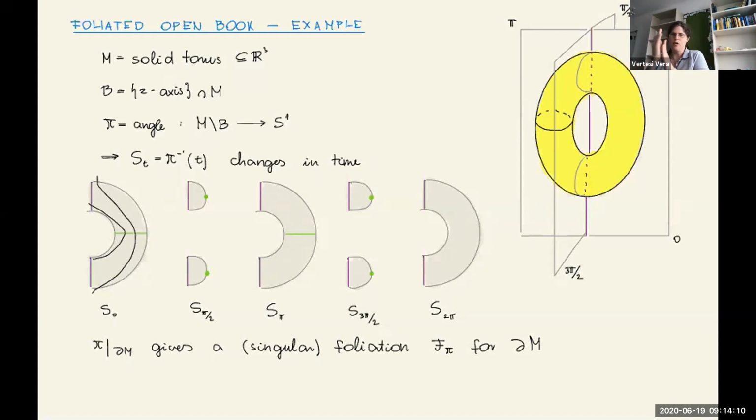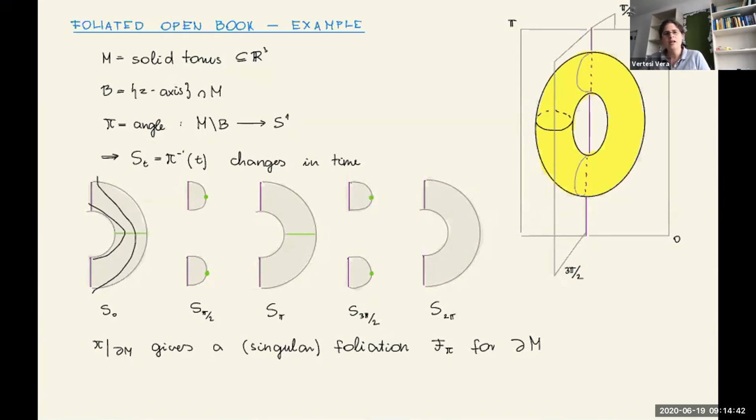Again, as you progress forward, you get two half disks, and then again a telephone. Then you have to somehow glue these two telephones, S0 and S2pi, to each other, but there is a unique way to identify them with a map which fixes these binding components there. So there are two rectangles, identified with the identity map.